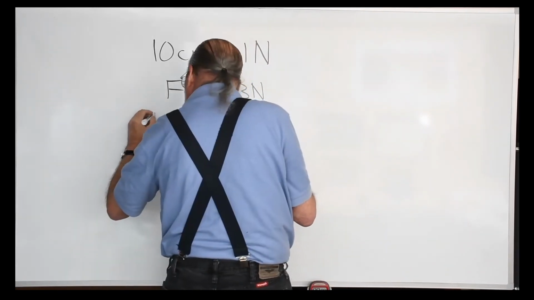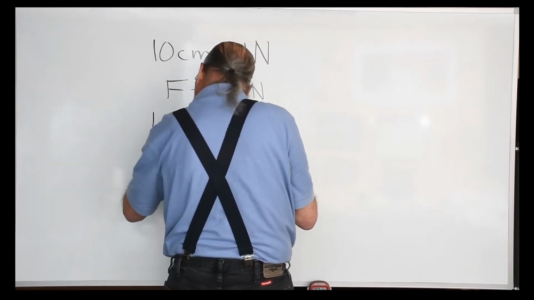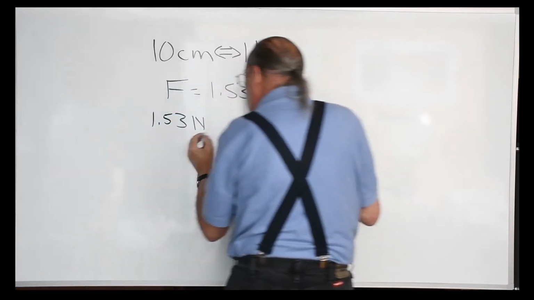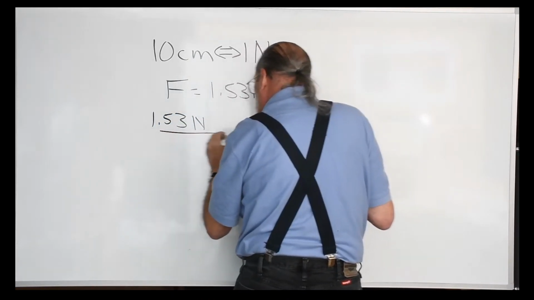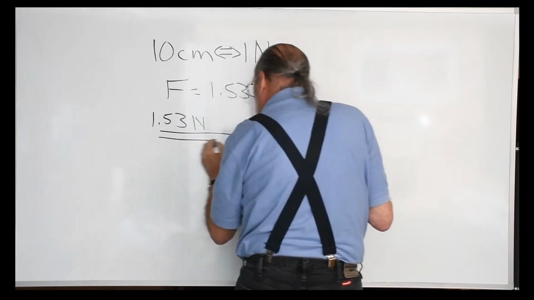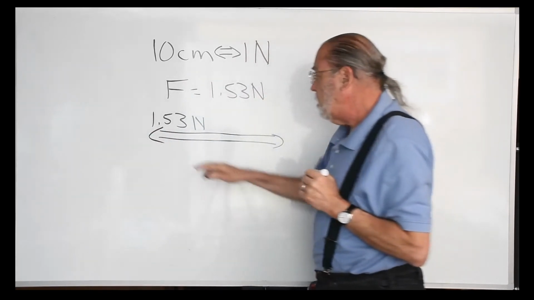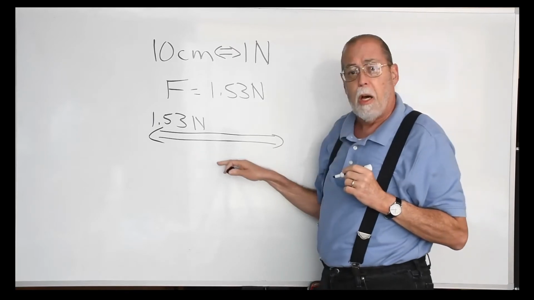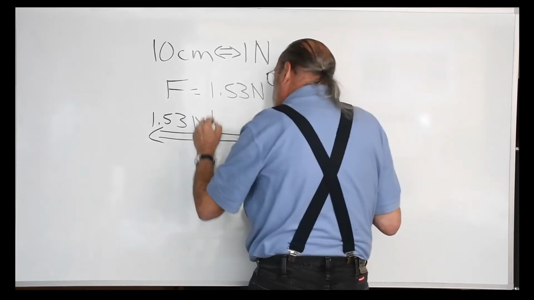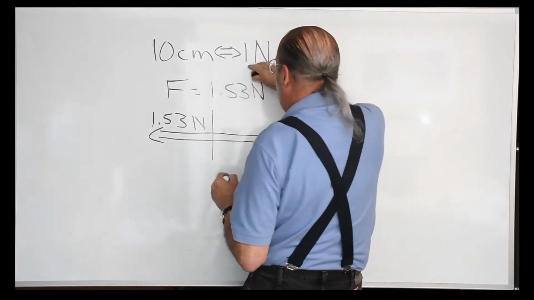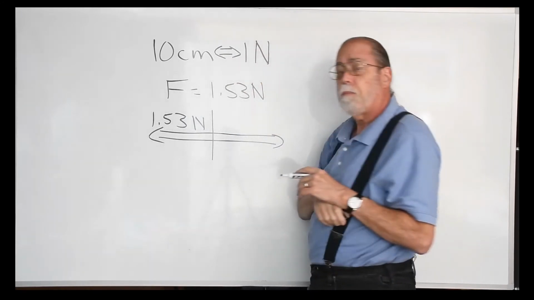So we write our force, and then we draw a long double arrow, just like we would the fraction sign, and we put our conversion here.